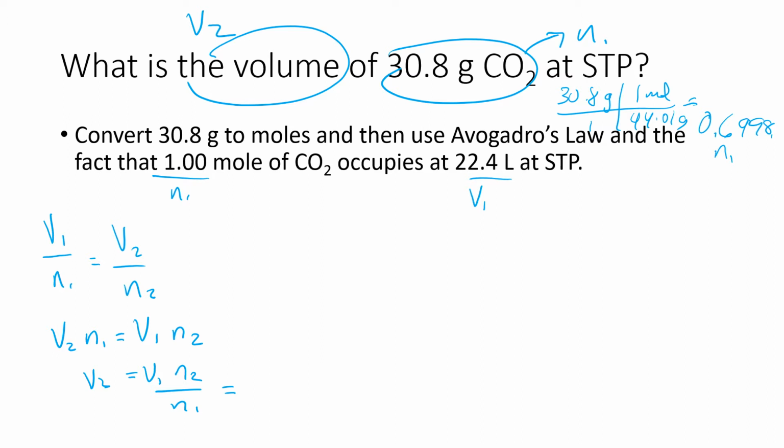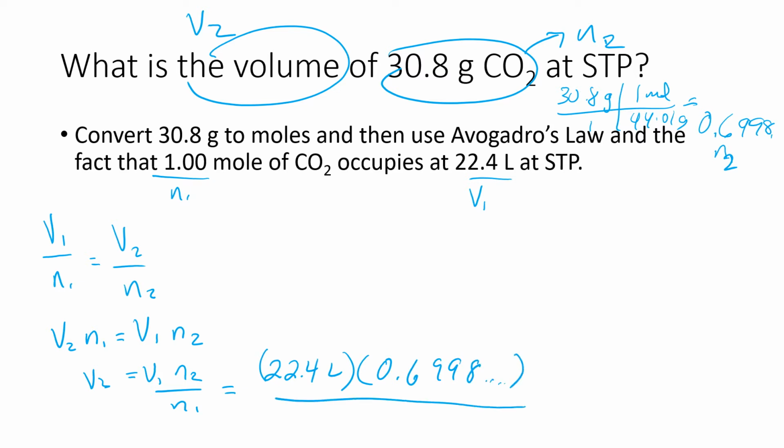What you can do to help keep this number accurate without rounding yet is plug in your numbers. 22.4 liters on top. I'm sorry, this is N2. I apologize. So then you take your N2, which is the 0.6998... divided by N1, so 1.